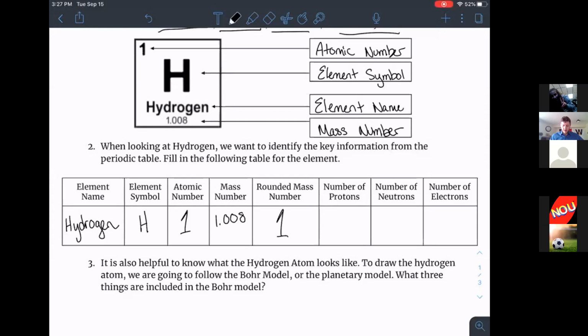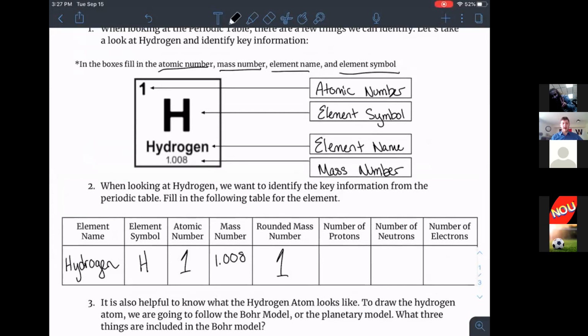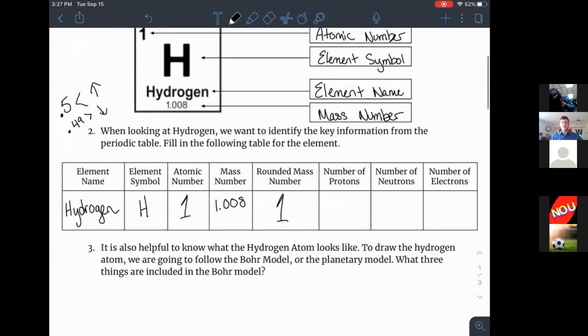Perfect. Hopefully you learned in math class that anything 0.5 and greater, you round up. Anything 0.49 and less, you round down. So we round this one to 1.